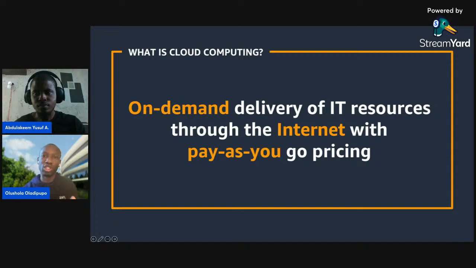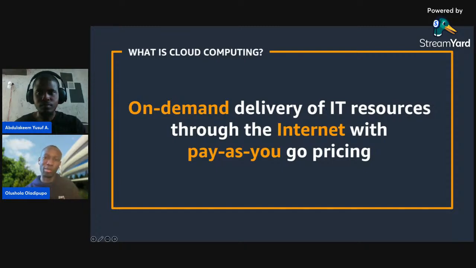A good illustration that I love to give here is, this is similar to how consumers flip a switch to turn on the light in your home, and then the power company sends electricity. So with cloud computing, AWS manages and maintains all the underlying technological infrastructure that you use in a secure environment.